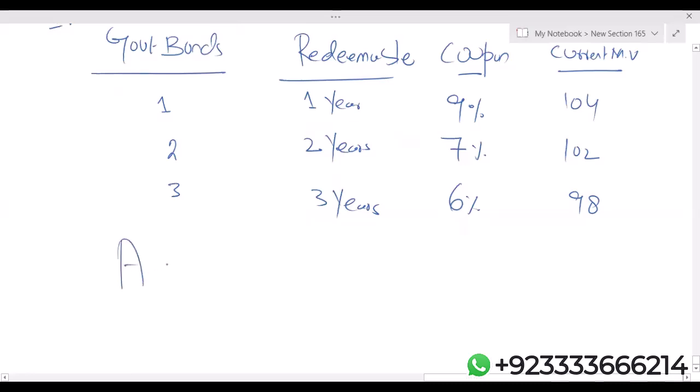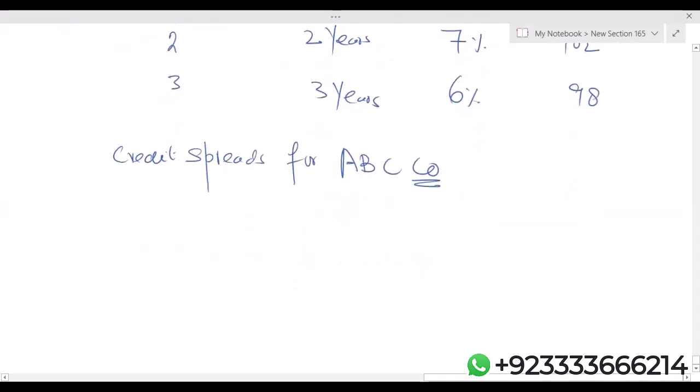Let's say the credit spreads for ABC company, by rating and maturity, for 1 year, 2 years, and 3 years.